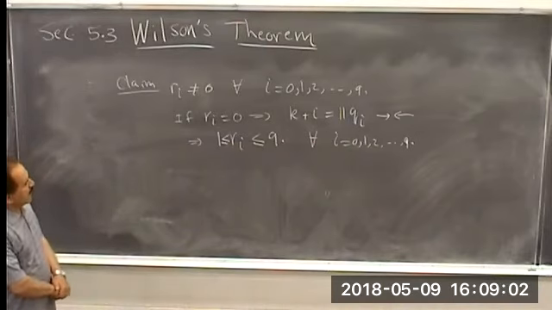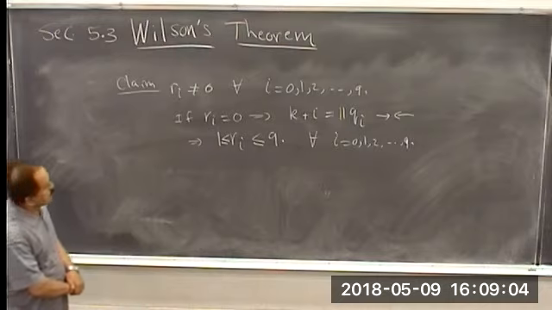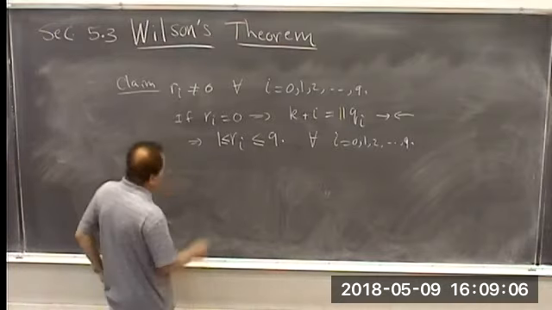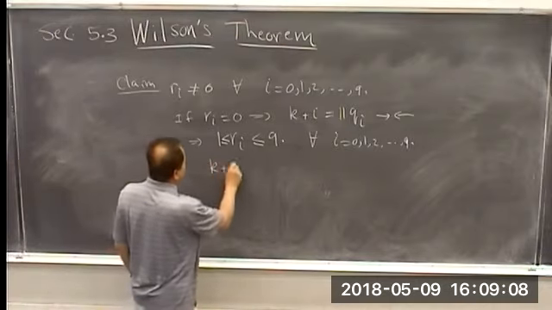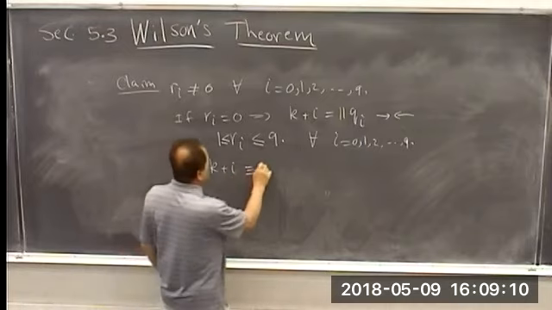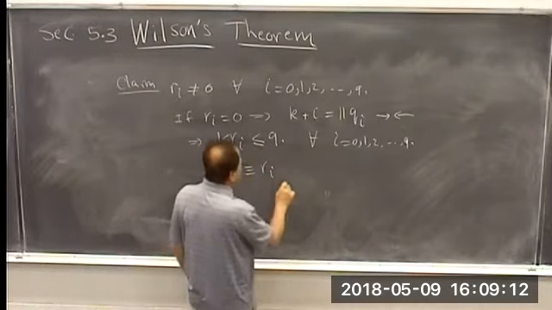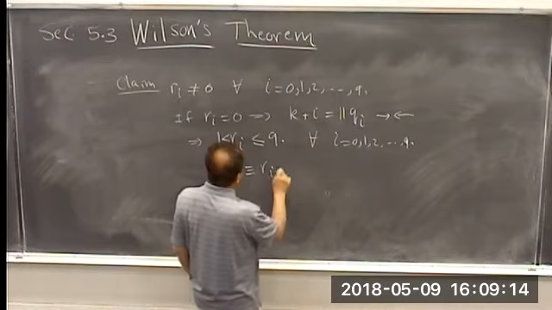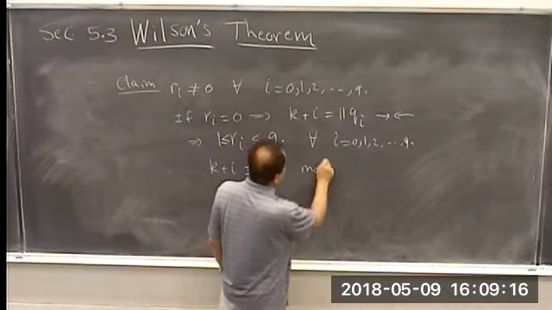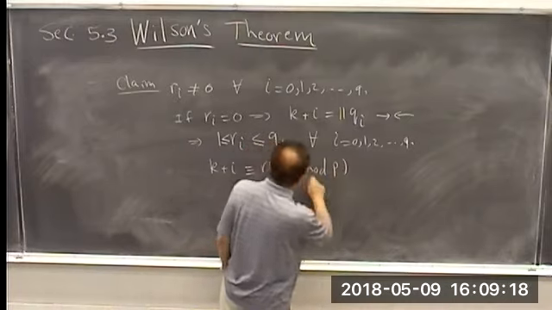All right. So now, what we have is k plus i is congruent to r sub i mod b.